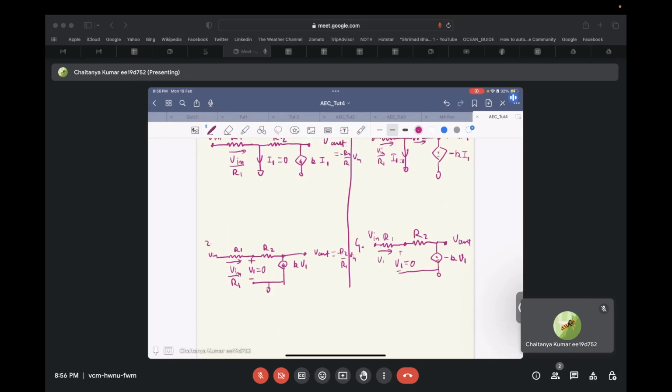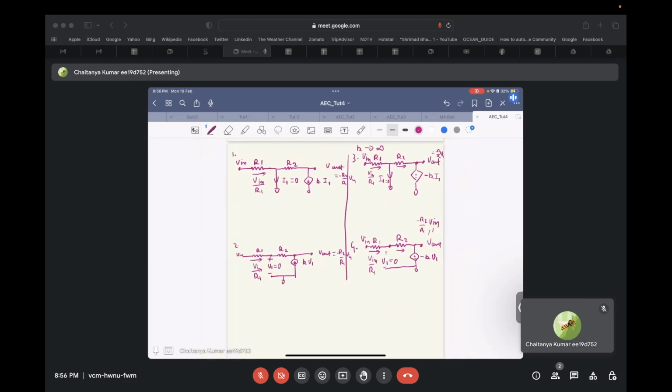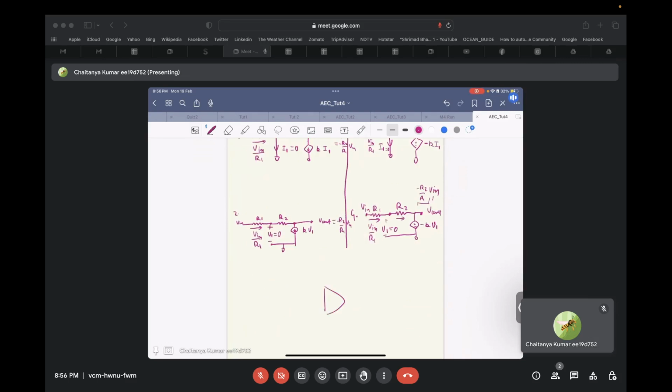The current from here will be V in by R1, and the same current flows through R2, and V out then will be equal to minus R2 by R1 times V in. And what is this minus R2 by R1 times V in? This is basically the gain of an inverting amplifier.